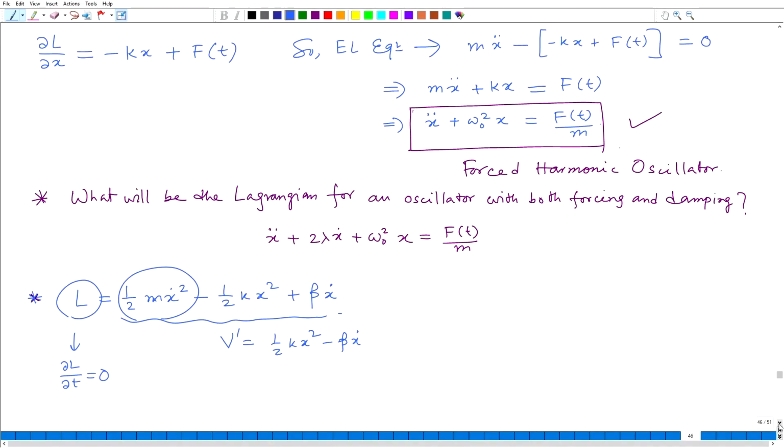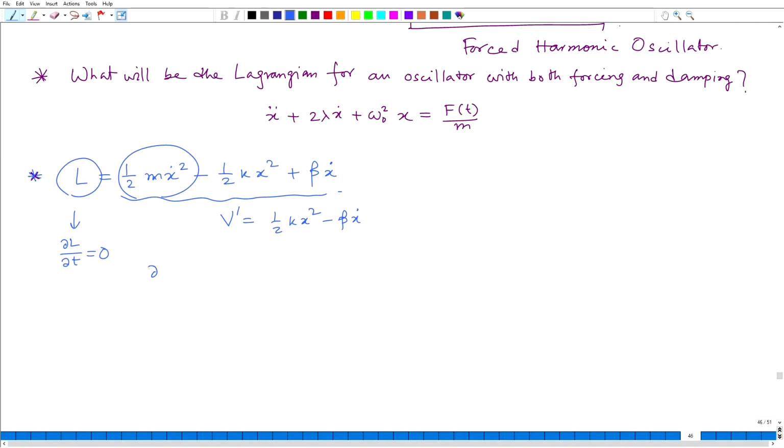Again the solution is to solve the Euler-Lagrange equation. Whenever you have a problem, confusion, doubt, you solve the Euler-Lagrange equation instead of concluding immediately. Now, what will be ∂L/∂x dot?